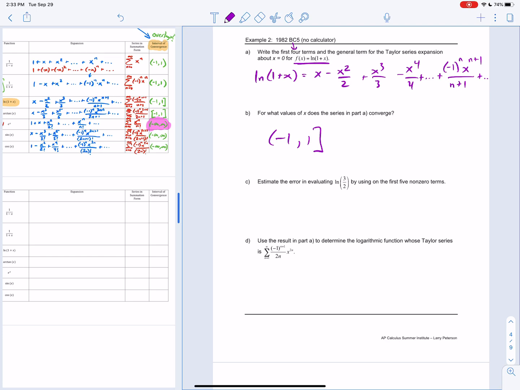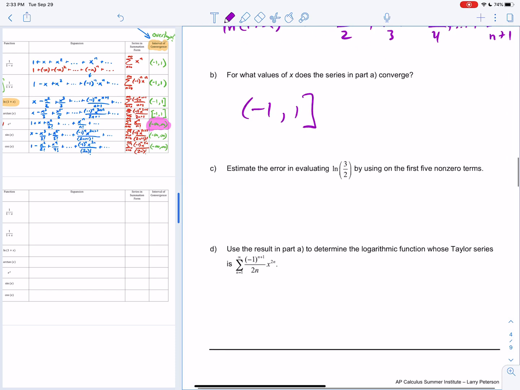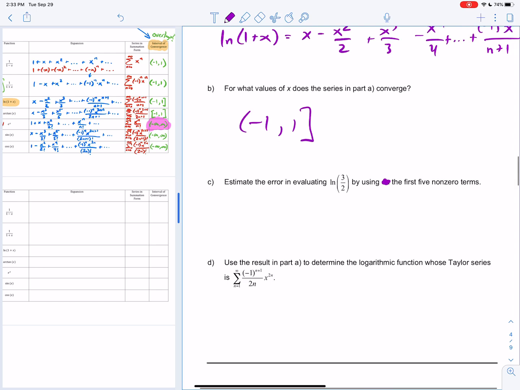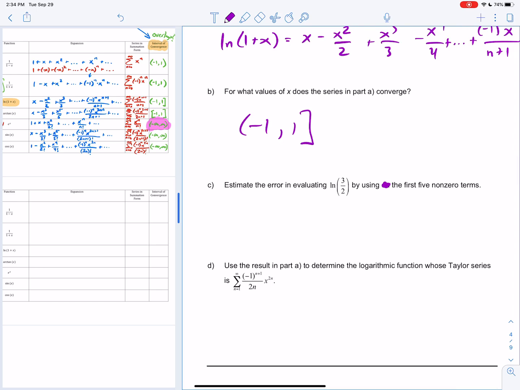Okay? Here we go. Estimate the error in evaluating natural log of 3 over 2 by using the first 5 non-zero terms. Okay, estimate the error. So what are we going to do here?